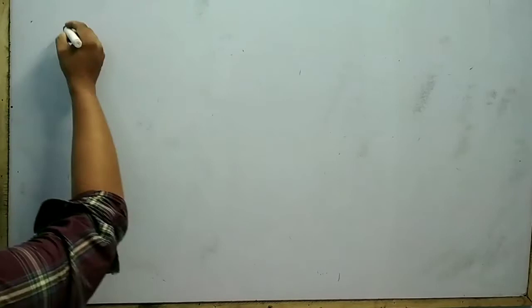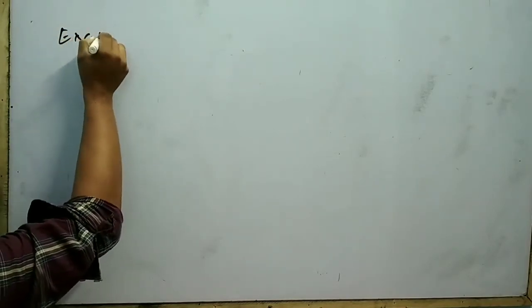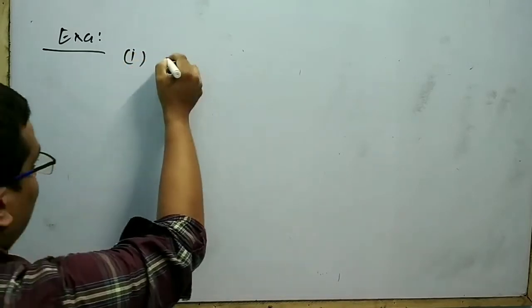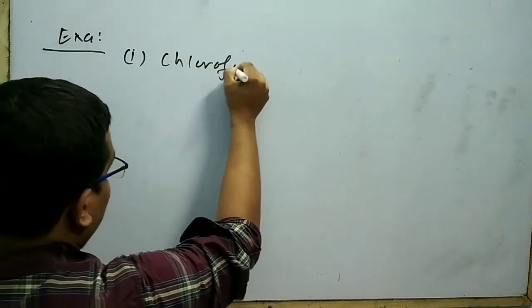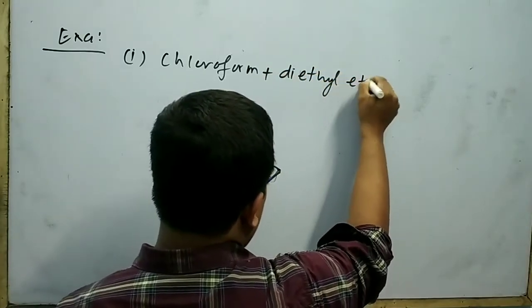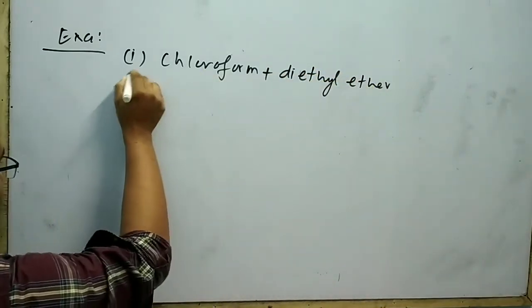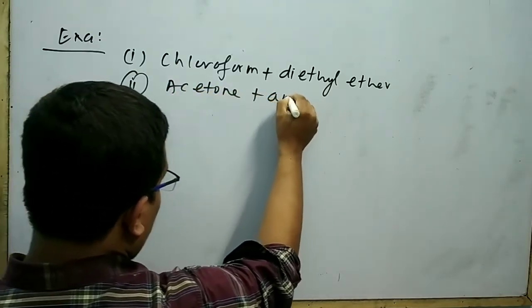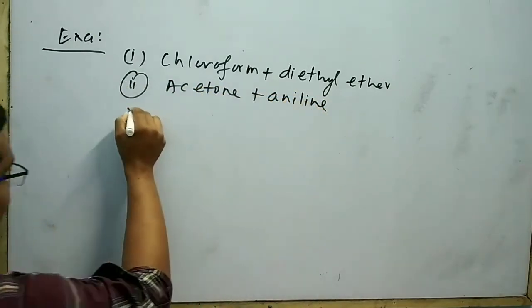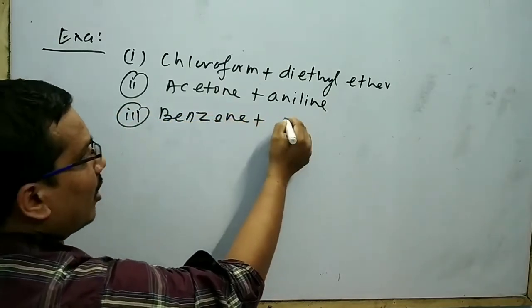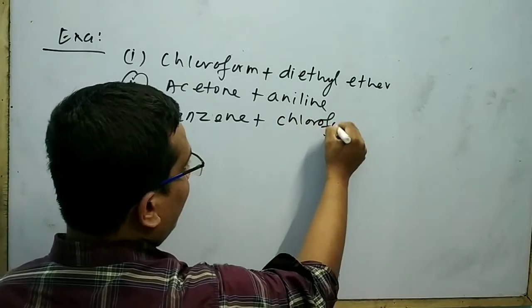There are many examples of non-ideal solutions showing negative deviation. Number one is your chloroform plus diethyl ether. Number two is your acetone plus aniline. Number three is your benzene plus chloroform.